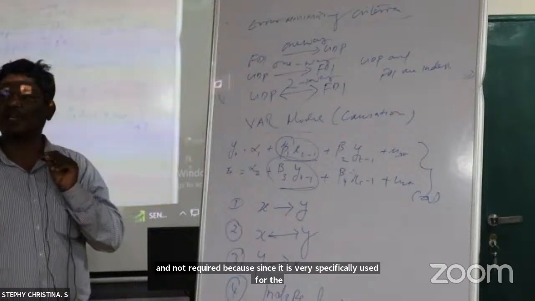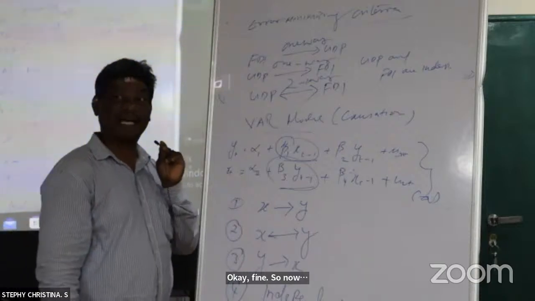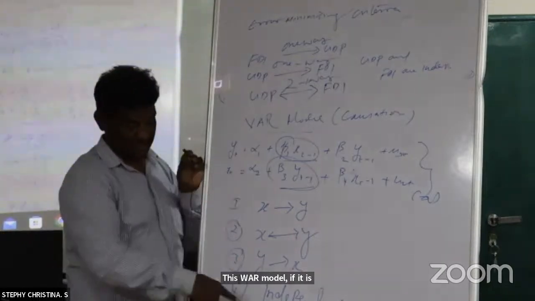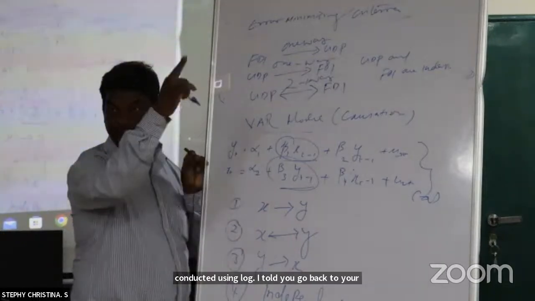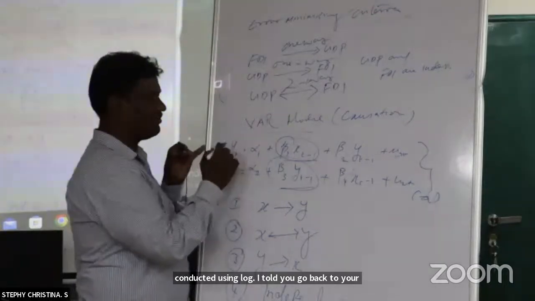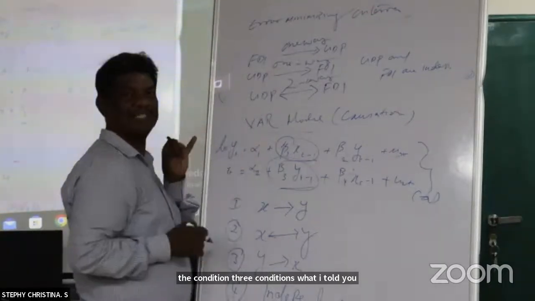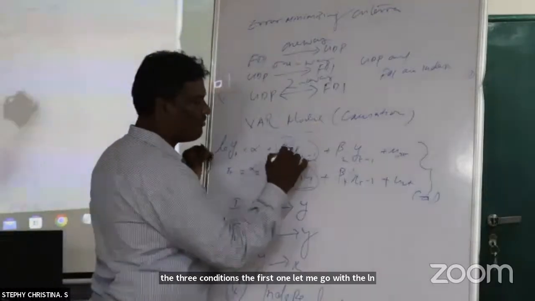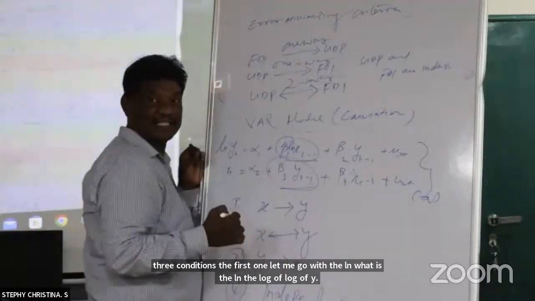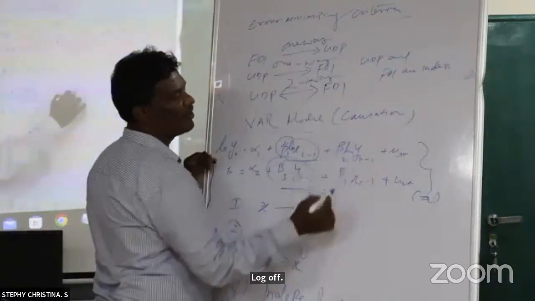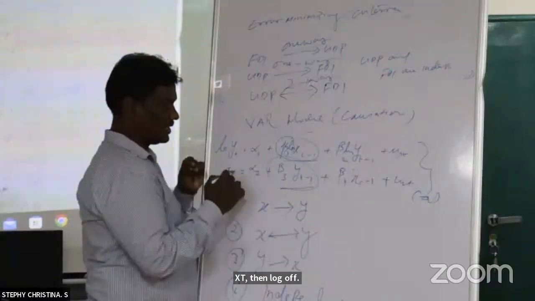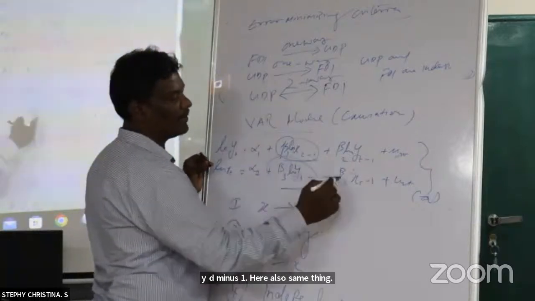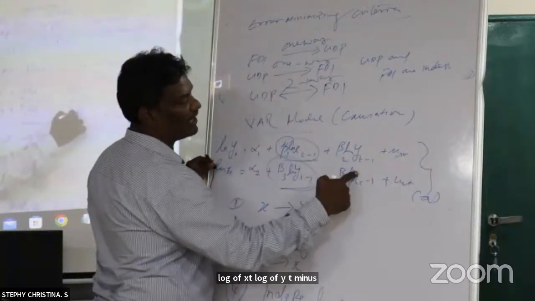Now this VAR model, if it is conducted using log, go back to the 3 conditions I told you. The first one, let me go with ln: log of yt, log of xt, then log of yt minus 1. Here also the same thing: log of xt, log of yt minus 1, and log of xt minus 1.